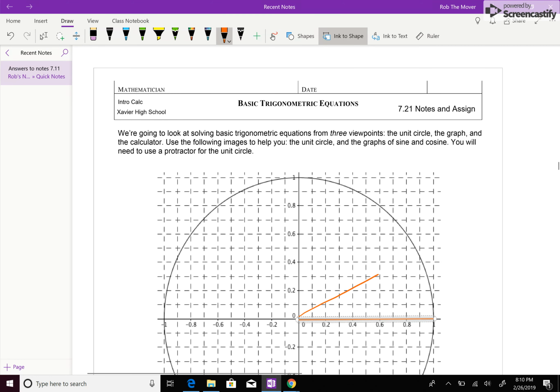We just draw some angle here, okay? Wherever this meets, as our x and y value, what will the x value be, and what will the y value be?